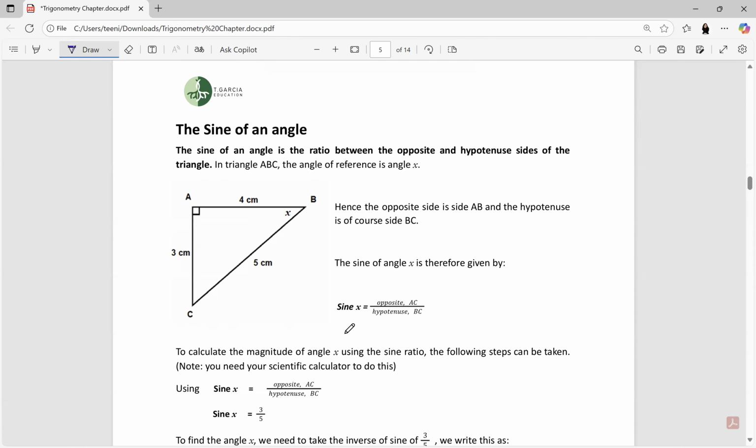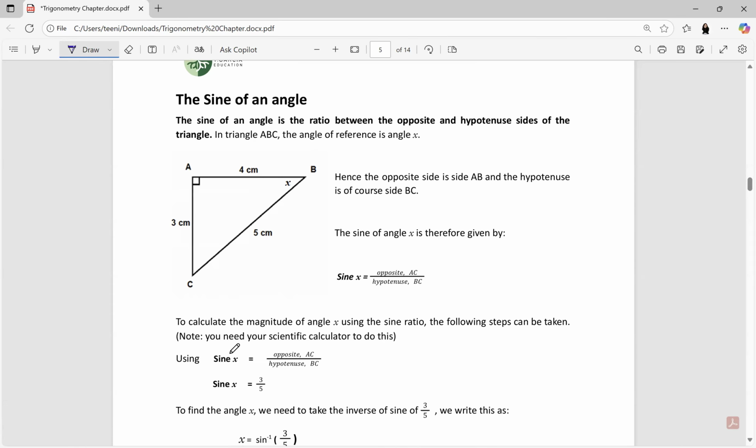The following steps can be taken. You'll recall the formula for sine of x. You may also see this represented as sine theta. Theta is just a Greek symbol for an unknown quantity. So you could see sine x or sine theta, it means the same thing. So sine theta is equal to opposite over hypotenuse.